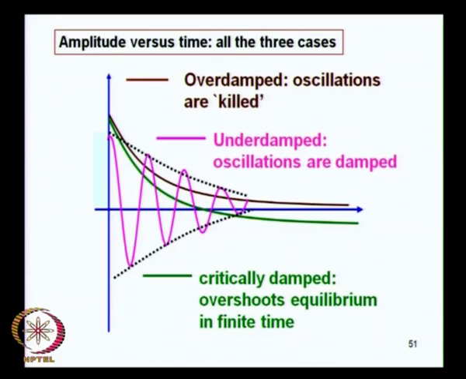To put them all together, these are the various profiles that you see if you plot amplitude as a function of time for all the three cases. So, you have got the overdamped oscillator, which really would approach equilibrium point only as t goes to infinity.